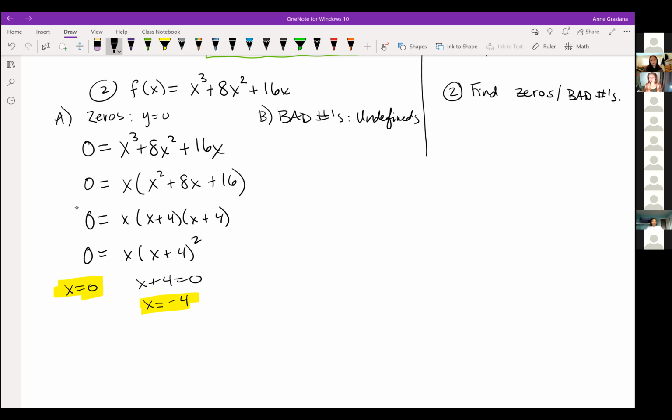So far, those are our domain restrictions. Here, all real numbers work. There are none. That is a happy day. No bad numbers. Polynomials have domains that are all reals, no restrictions.